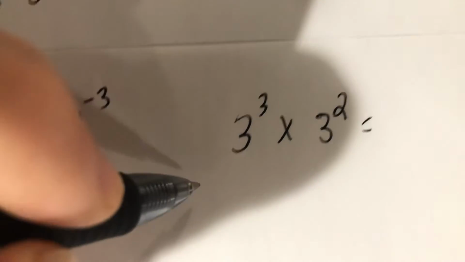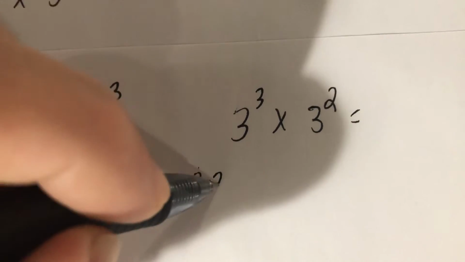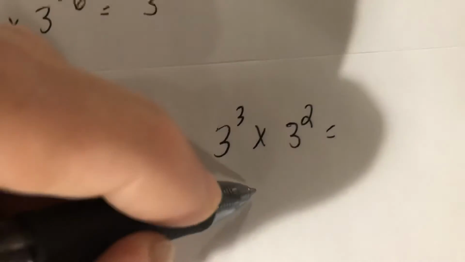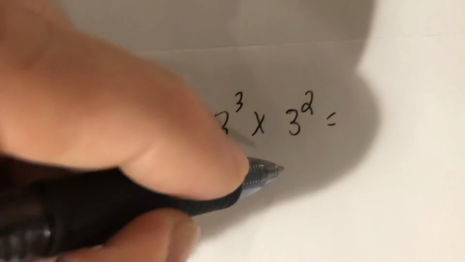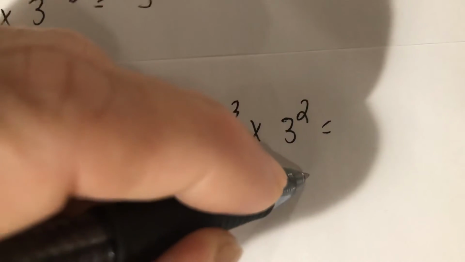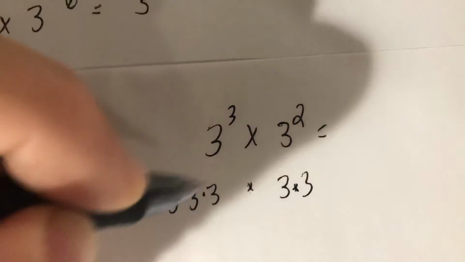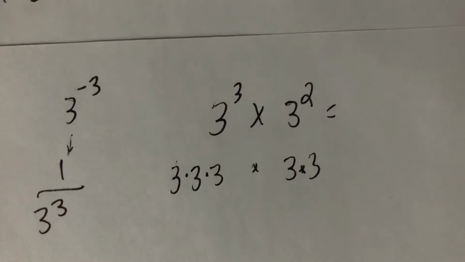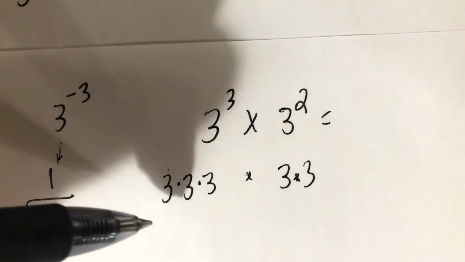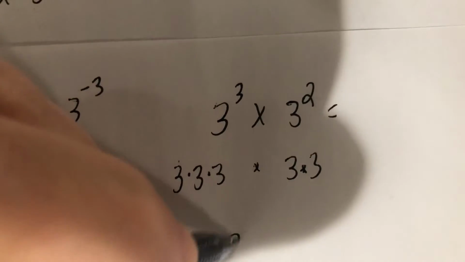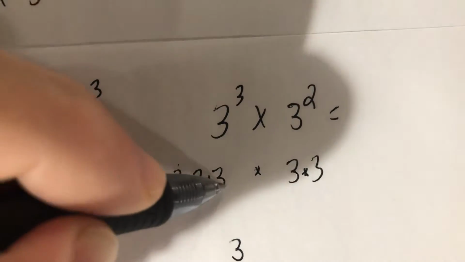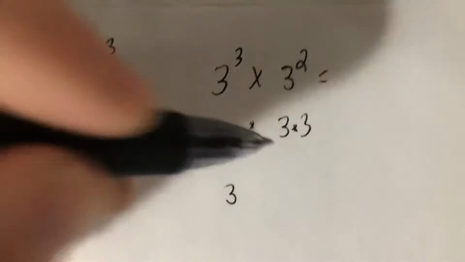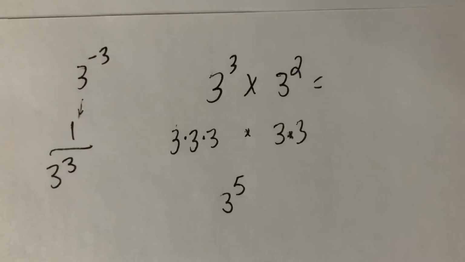Well, this is 3 times 3 times 3, and then this is 3 times 3. I put a little dot there, but that just means multiplication. So this is the same thing as writing 3, and there's 1, 2, 3, 4, 5 of them. So it's 3 to the 5.